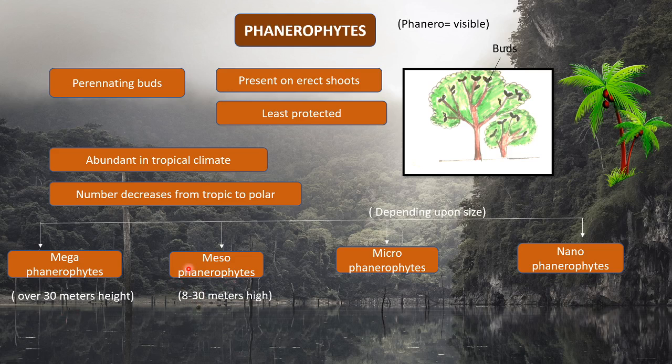Then mesophanerophytes are between megaphanerophytes and microphanerophytes. These are trees that have 8 to 30 meters height. Microphanerophytes are smaller than mega and mesophanerophytes, that is, 2 to 8 meters. And the nanophanerophytes are even smaller, with a height of under 2 meters.